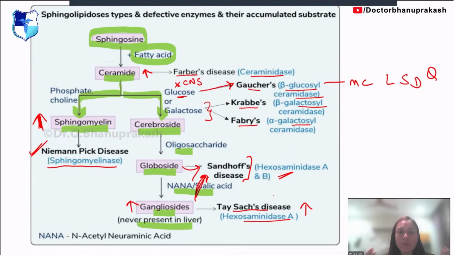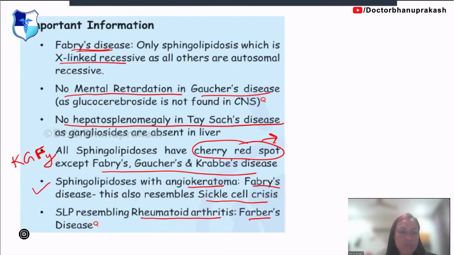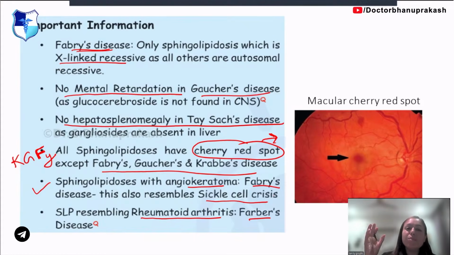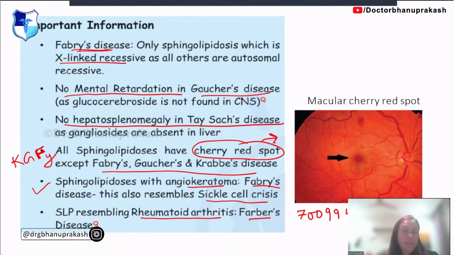On this slide, the sphingolipids and the diseases, you get a lot of information. Then just 5-6 exceptions, or some pointers on this page, and you can solve any question on sphingolipidosis. There's no need to read the boring theory of books. So sphingolipidosis made easy for you.